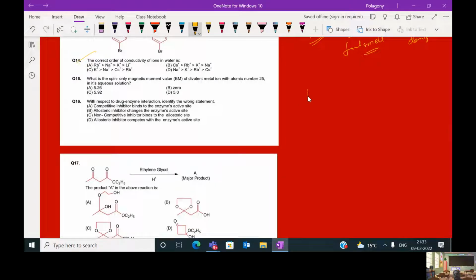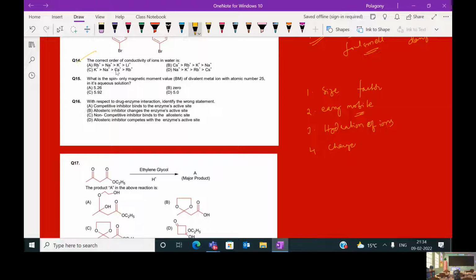Here we should consider the size factor, ease of mobility, ease of movement, the hydration enthalpy, the hydration of ions, and also the charge over the ion. So these are the reasons we can say.